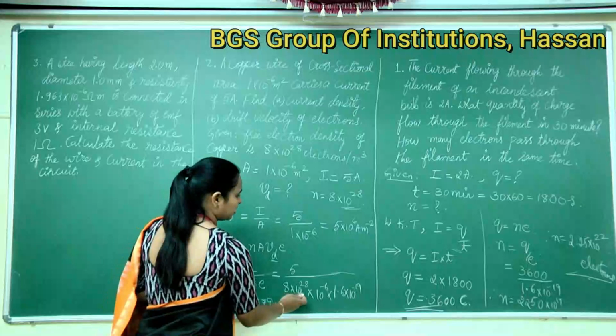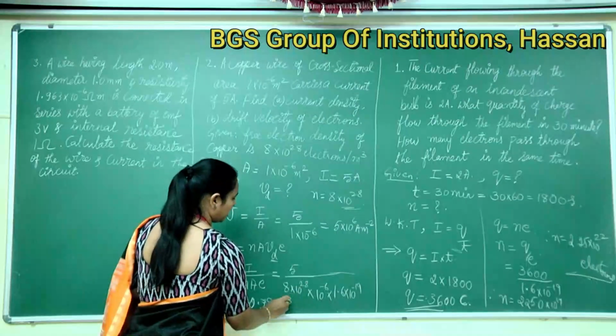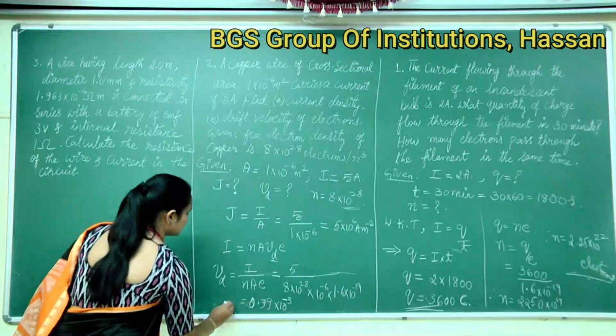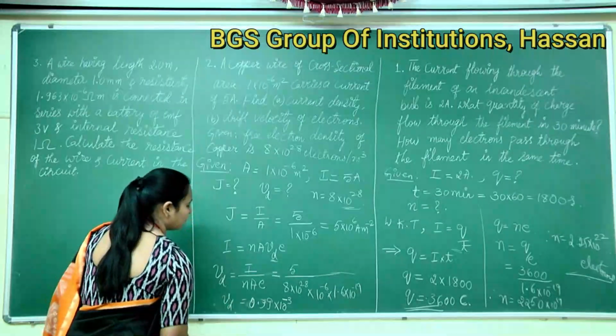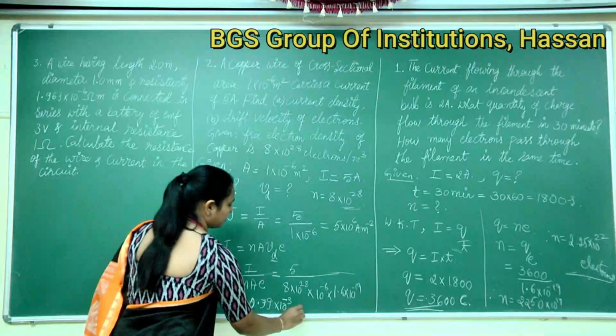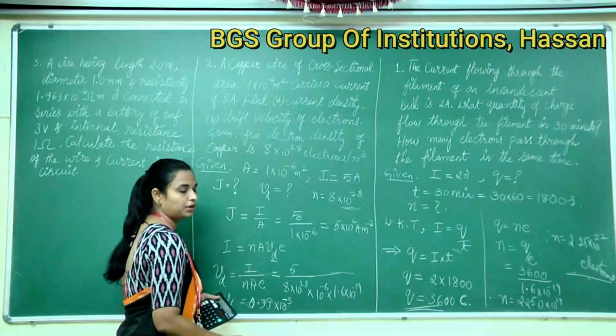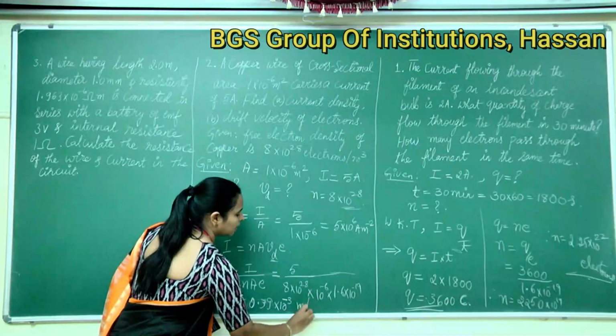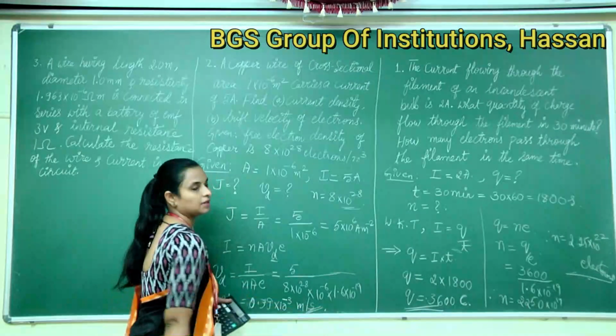If this 10 power 3 goes to the numerator, it is minus 3. Therefore, vd is equal to 0.39 into 10 power minus 3. What is the unit to measure velocity? It is meter per second.